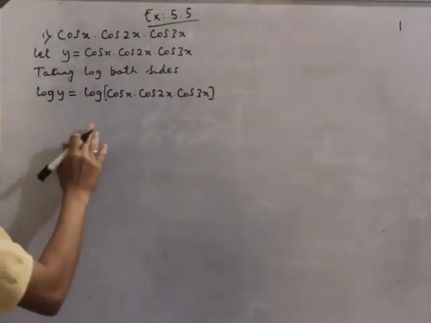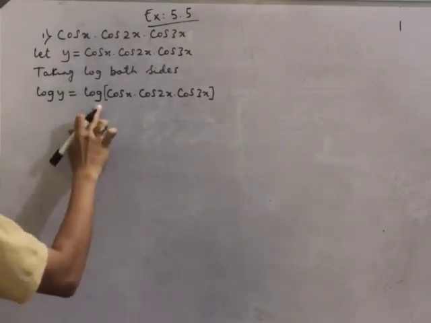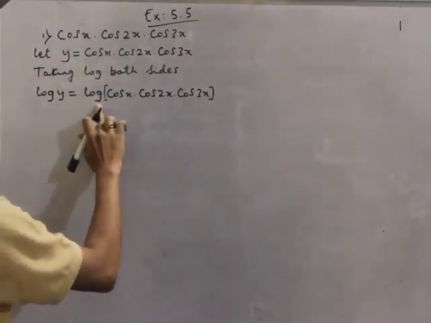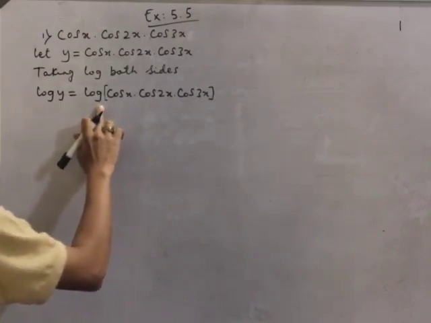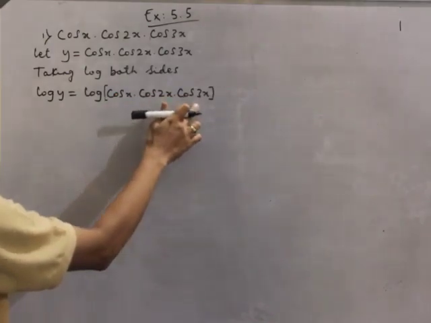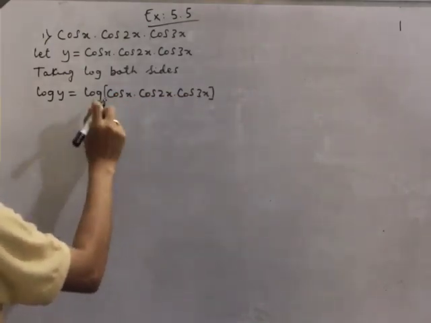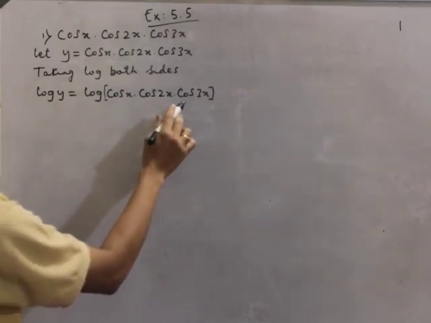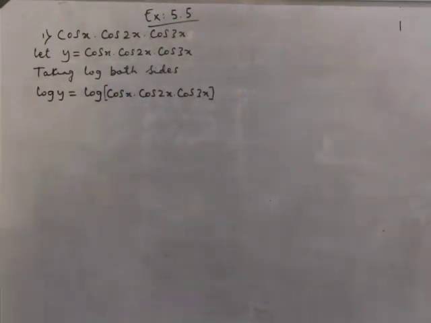So after taking the log, you can observe this function satisfies first law of logarithm, log mno you can call. So this can be written as log cos x plus log cos 2x plus log cos 3x, because we know the first law of logarithm, log mn, any product can be expressed in the form of addition.